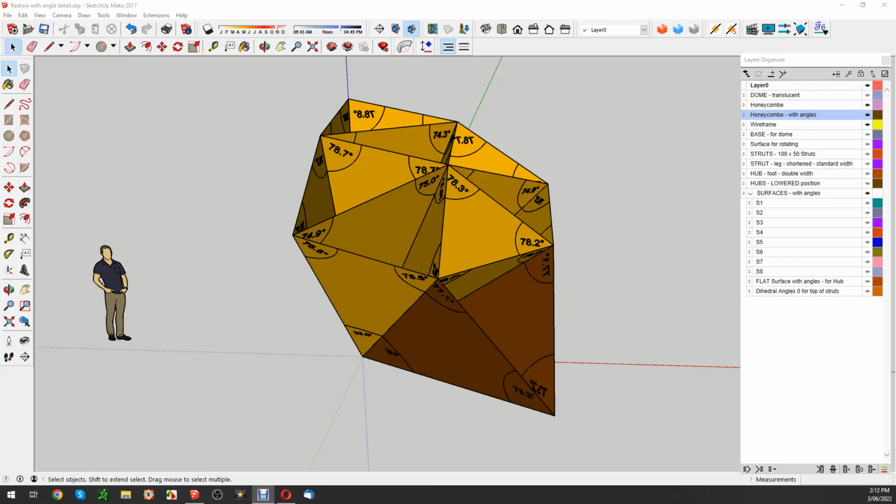Righty-ho. This is a replacement video for one I'd done weeks and weeks ago, where I looked at the angles that you can perhaps require or have as a resource at least for the domes. Why would you want to have all these angles?